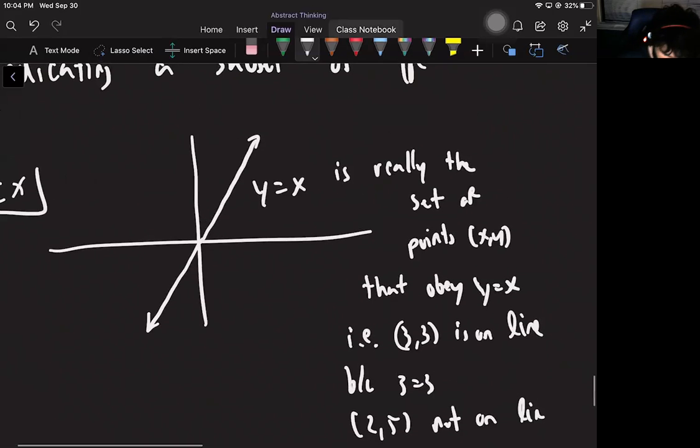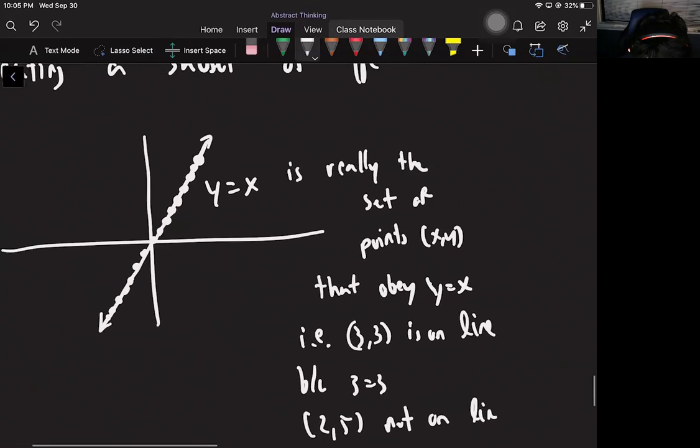So a line or any picture is just a whole bunch of points that you draw as a nice smooth line, because you can't draw all the points. So instead of doing that, you just draw a nice smooth line. Okay, so how do I just say this as a set?